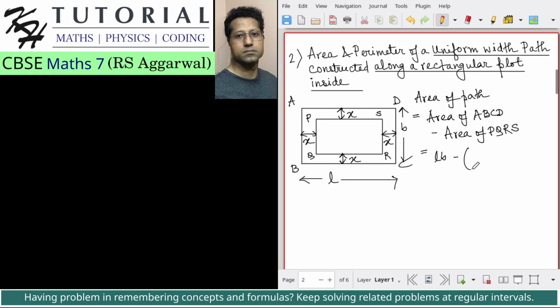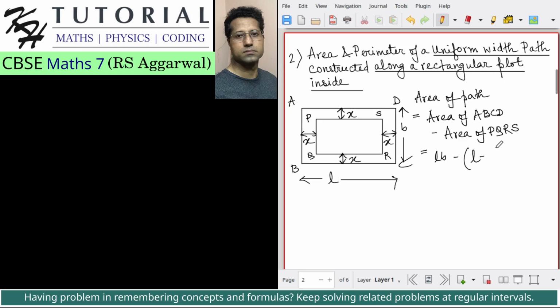Now consider the rectangle PQRS. Its length will be L minus, as you can see, PS is obtained by subtracting x from both sides of the length of the rectangular plot.